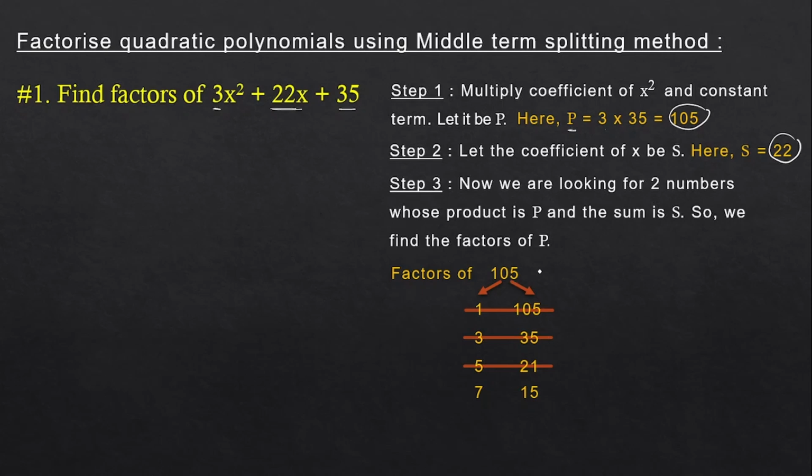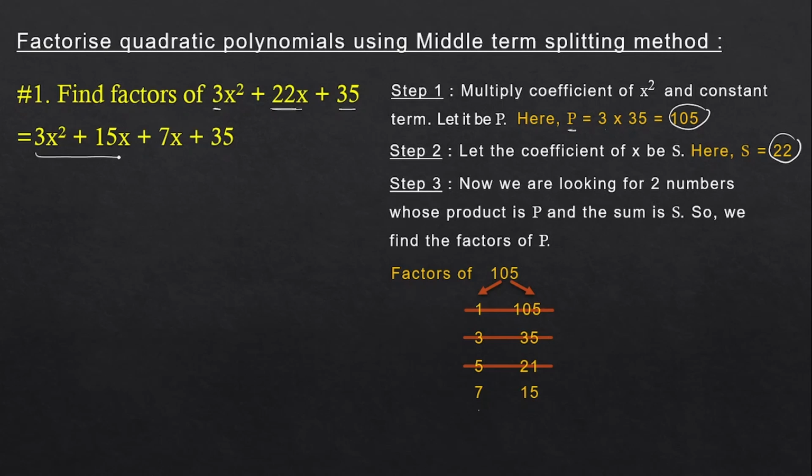So what we found is that 7 and 15 are the two numbers which multiply to give us 105 and add up to give 22. So now we split the middle term using these two factors. The middle term here is 22x. Using these two factors, we split it as 3x squared, and in place of 22x, we have 15x plus 7x, plus 35. Now we go on factorizing it further.